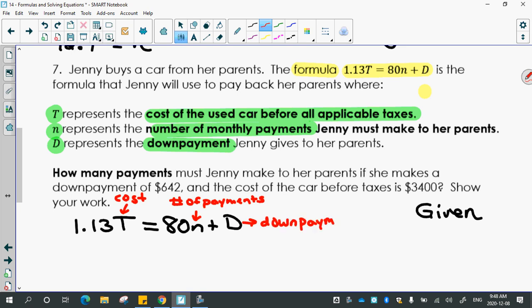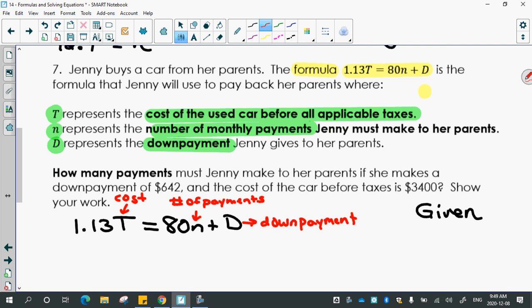So she has to give her parents a certain amount of money down. Okay? They're helping her buy a car. And then each month she pays them $80, it looks like, but we don't know how many months she pays them for, okay?